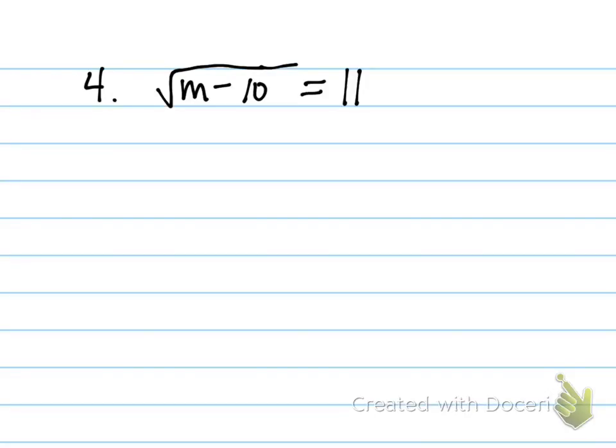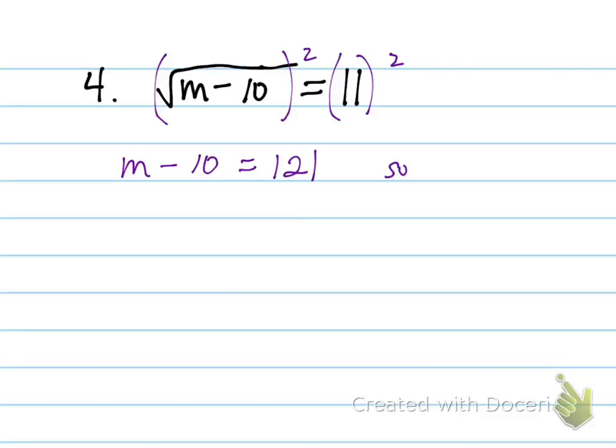This one, kind of like the second one that we did, my radical is isolated, so square each side. And you get m minus 10 equals 121. Now I want to solve for m, so I would add 10 to each side.